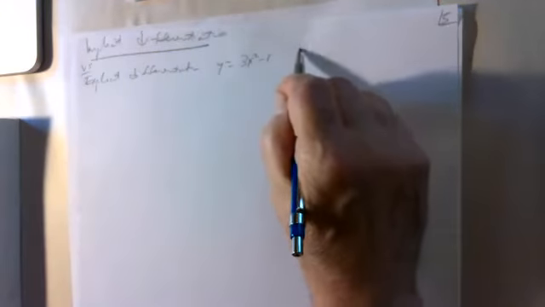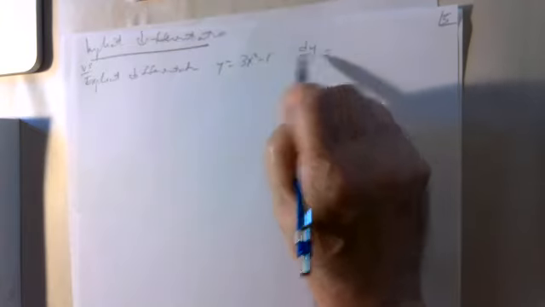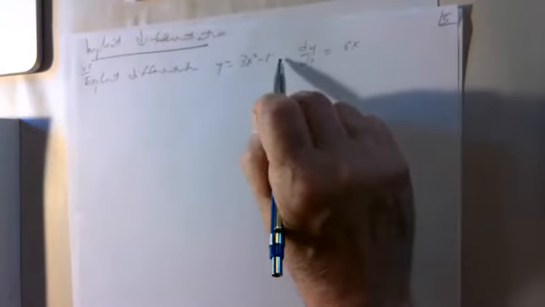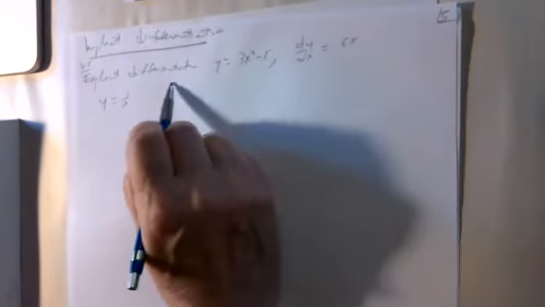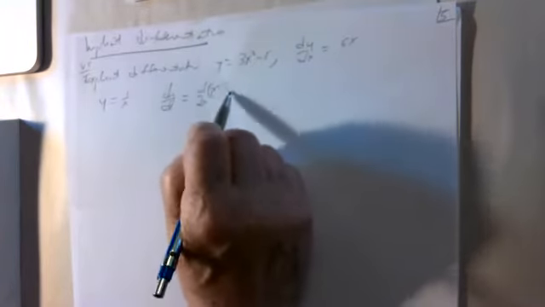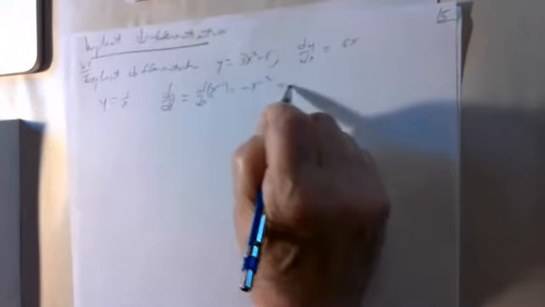If you have a function like y equals 3x squared minus 5, you can just explicitly differentiate it. Dy dx is 3 times 2x or 6x. So that's no problem. Or if you have y equals 1 over x, dy dx is the derivative of x to the minus 1, which is minus x to the minus 2, or minus 1 over x squared.